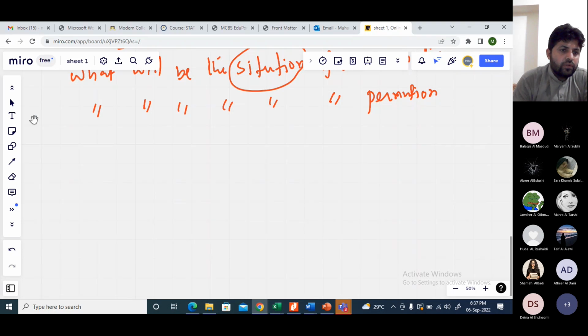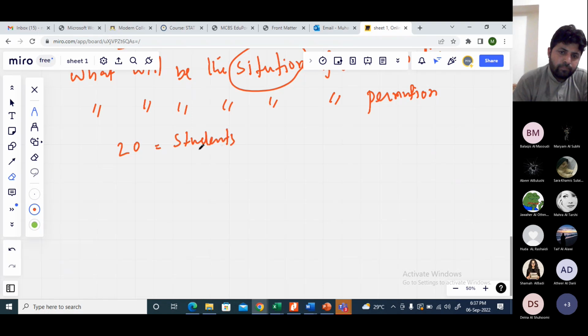There are maybe 20 students, and we have to select 5 students for class representation, CR.